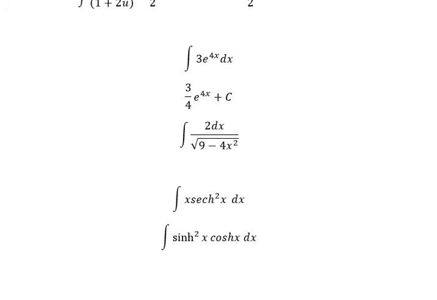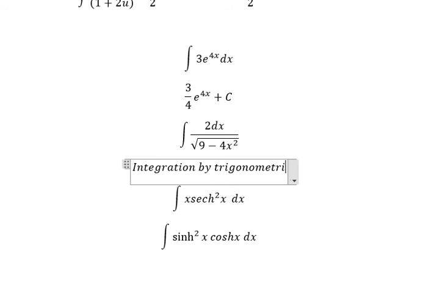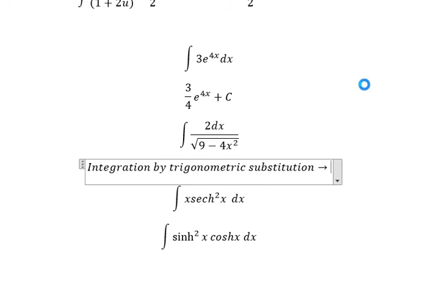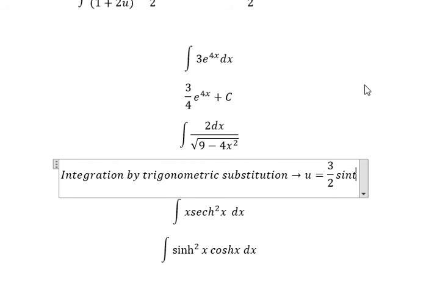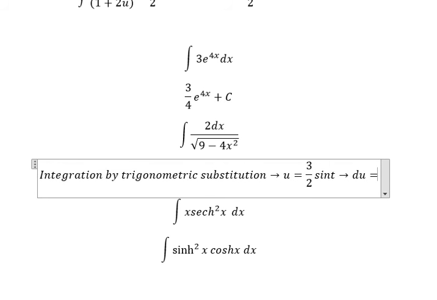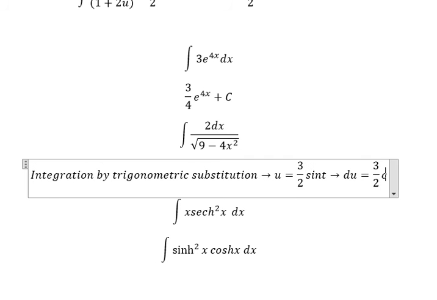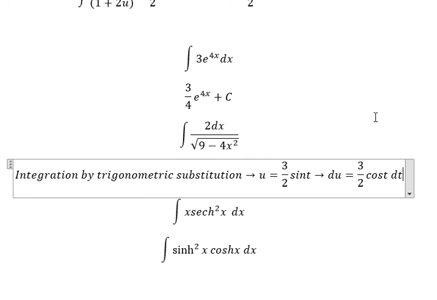The next one, we can use integration by trigonometric substitution. So we put u equals to 3 over 2 sine t, du we got 3 over 2 cosine t dt.